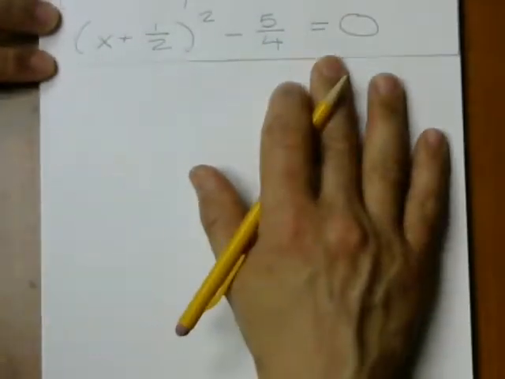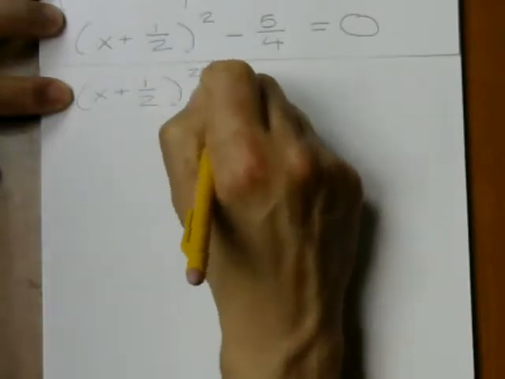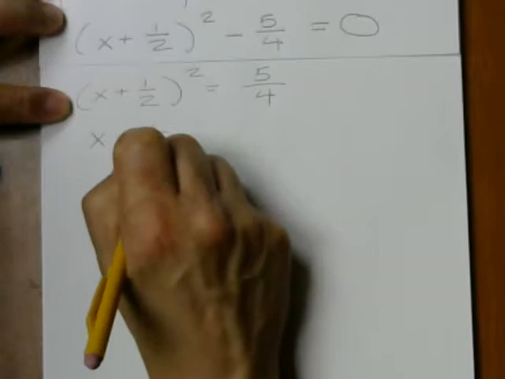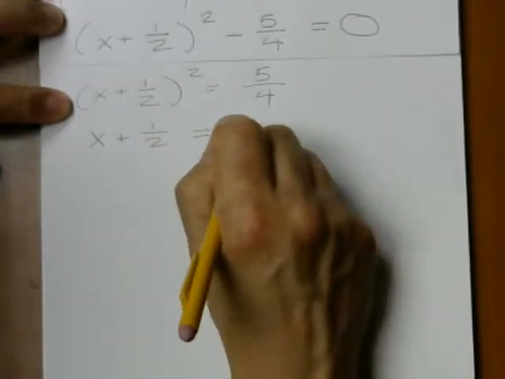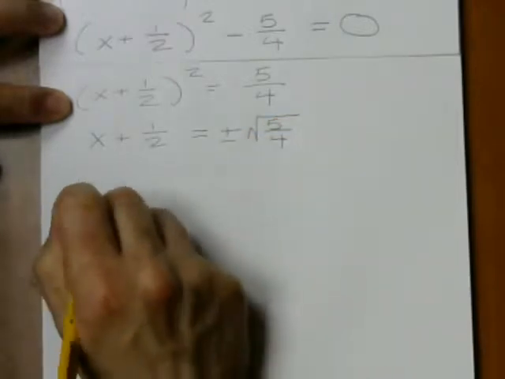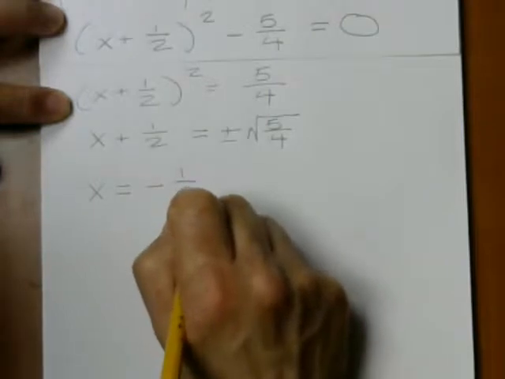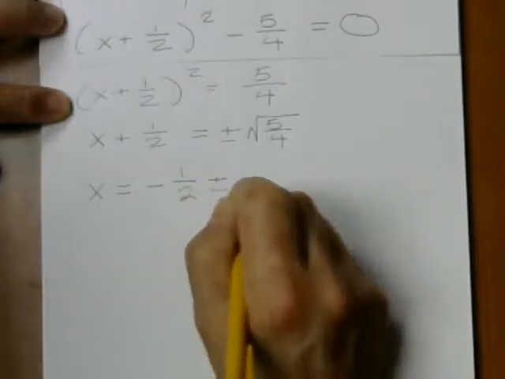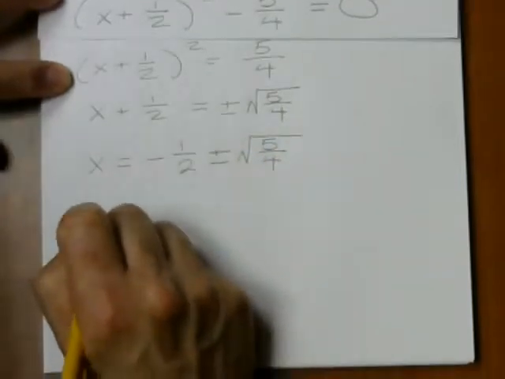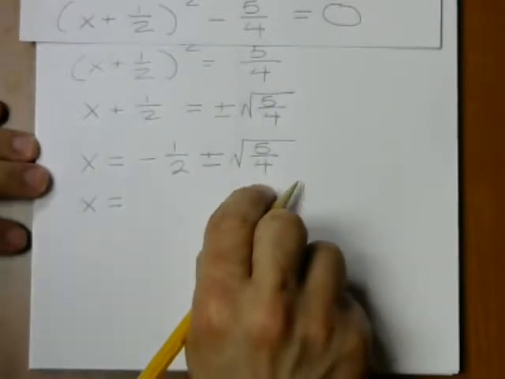Now I want to solve this. All I need to do is move that 5/4 over to the right, use my rule for radicals, so this is plus or minus the root of 5/4, and I get x is equal to minus 1/2 plus or minus the root of 5/4. Some of you are probably already saying, well, I could do something with the square root of 4.